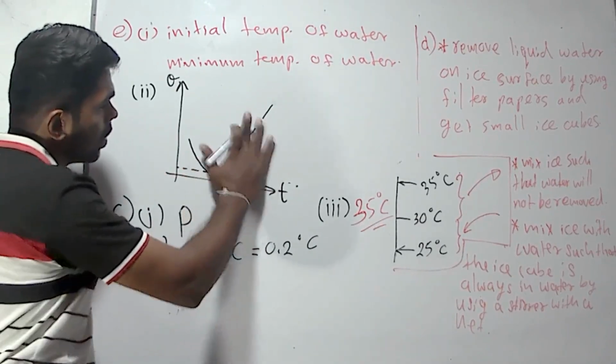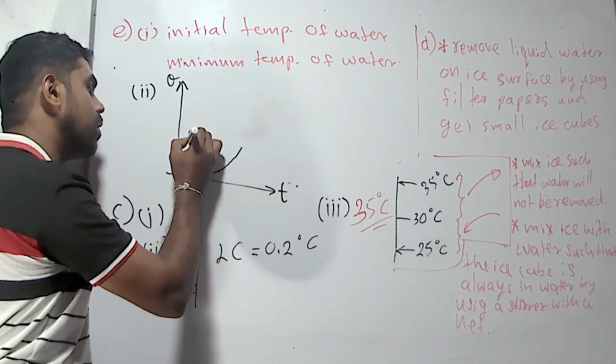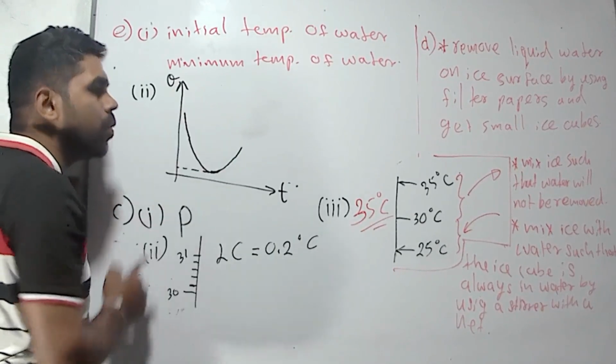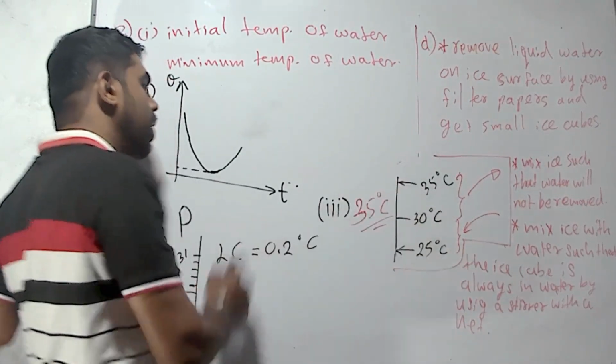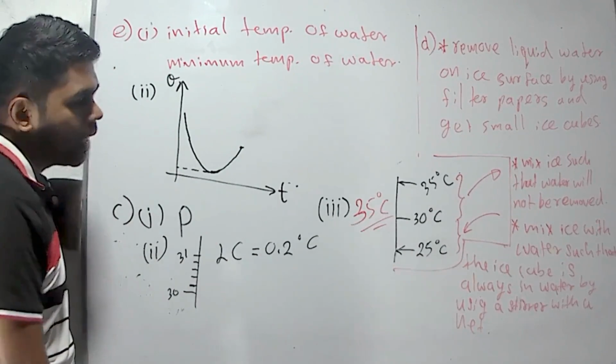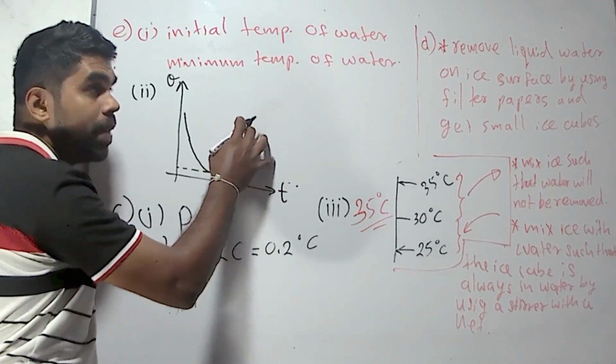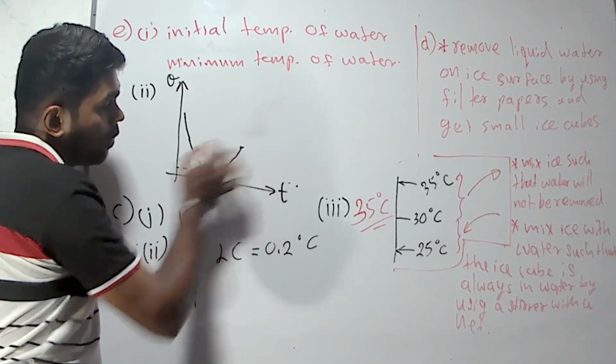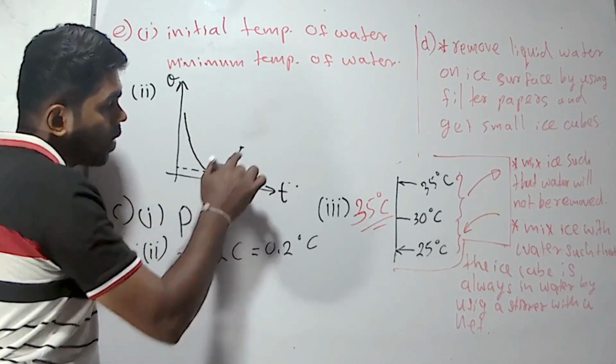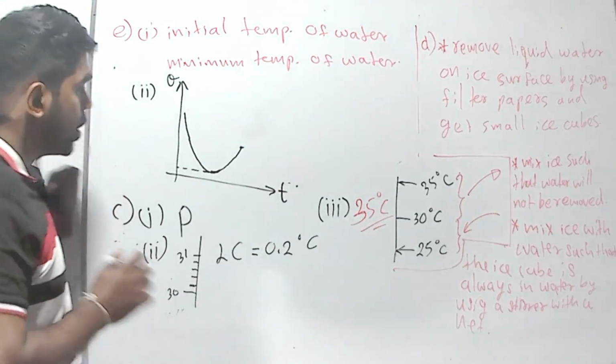Therefore, the graph should be like this. The initial temperature is greater than room temperature, it is like 35, and the final temperature should be room temperature. There is an equilibrium with room temperature in the final situation.